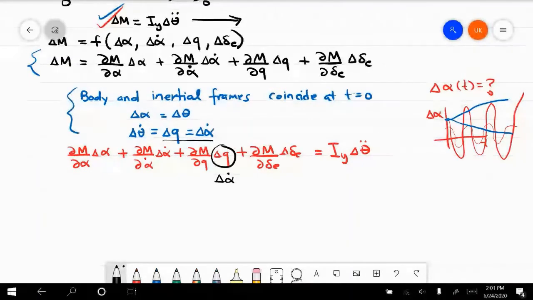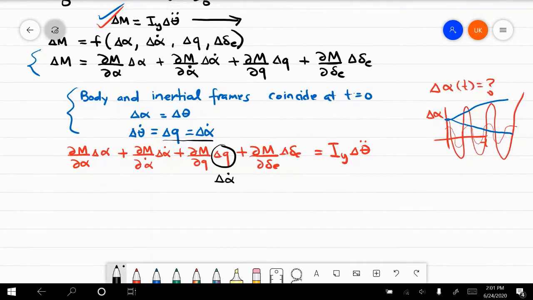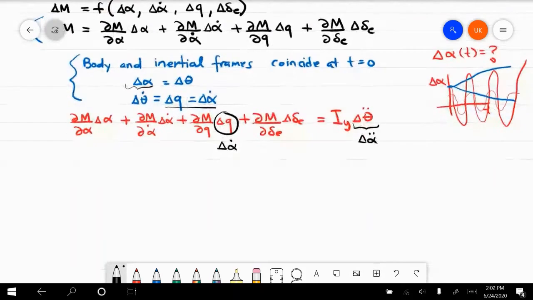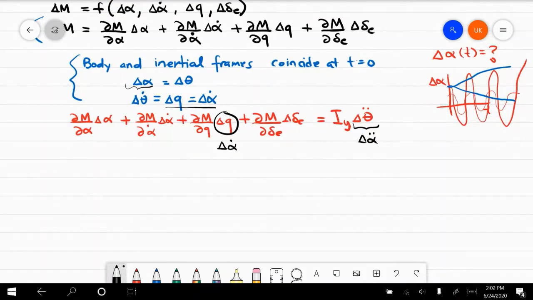I can write delta alpha dot. Okay, and what else can I do? I think that's it. Wait a second, I can also take care of this. Instead of this, I can just write delta alpha double dot, right? So I have already done the background work to make those substitutions. So let me just rewrite the above statement as dM/d alpha times delta alpha. I'm going to take delta alpha dot as a common factor between these two terms.